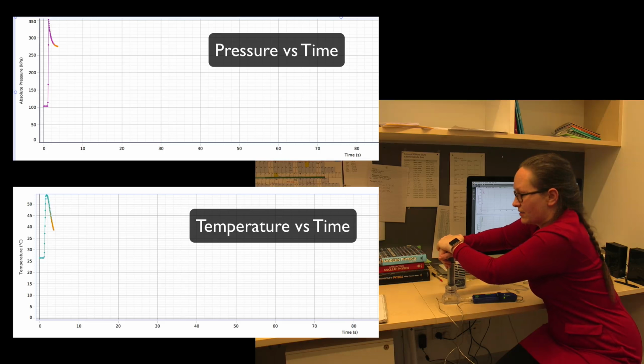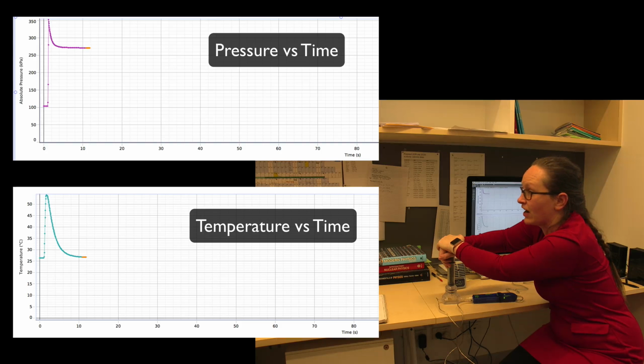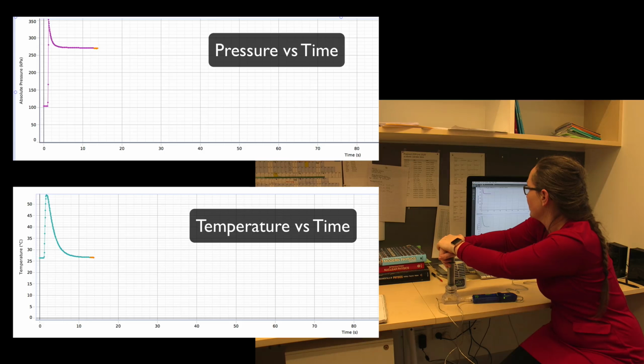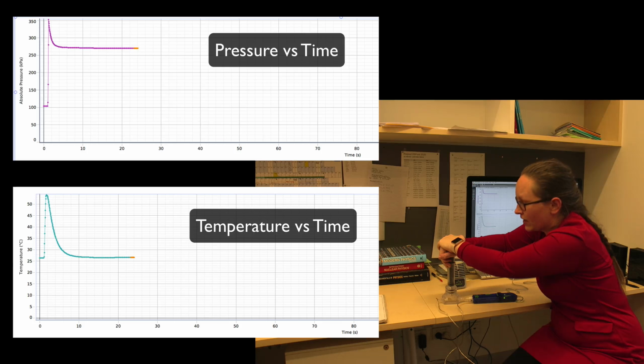Okay, so there's the adiabatic compression, and now I'm holding it down and allowing it to come to thermal equilibrium with the surrounding environment. So you can see that the temperature is leveling off, and eventually it gets back to the initial temperature. Now that it's back at the initial temperature, I'm going to slowly expand the gas.